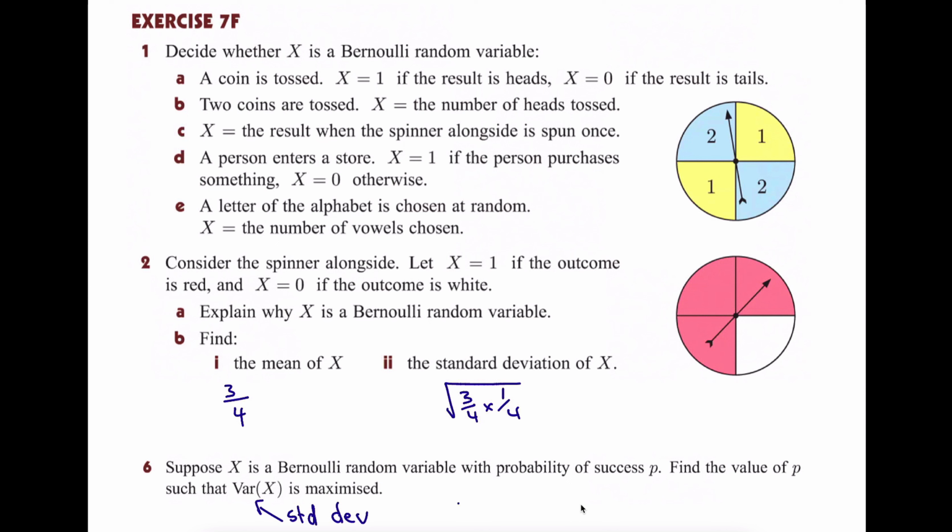Remembering that standard deviation involves p times 1 take p. What value of p is allowable? Every value of p is a probability, so it has to be between 0 and 1. What's going to give us the biggest value of p times 1 take p?